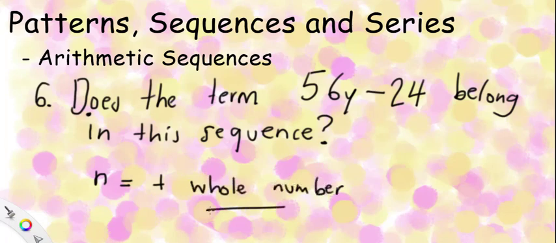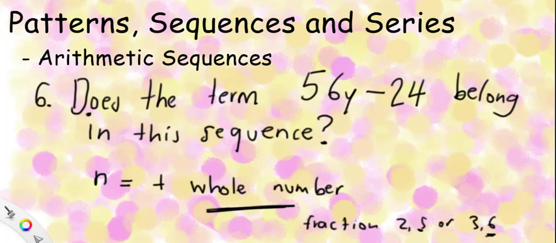When you're solving for n, you find that your n is like a fraction. So you find 2.5 or like 3.6, anything that has a point, then you know that this term doesn't belong in the sequence, because for sequences and series, you always have n being a positive whole number. There's no fractions that go with it.